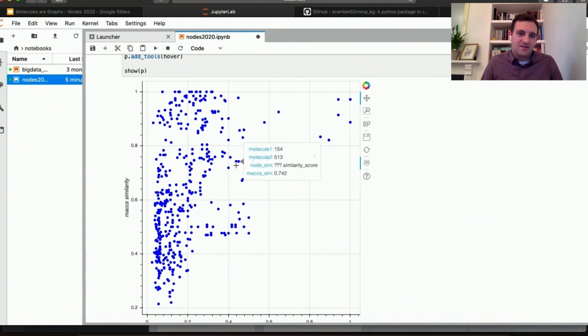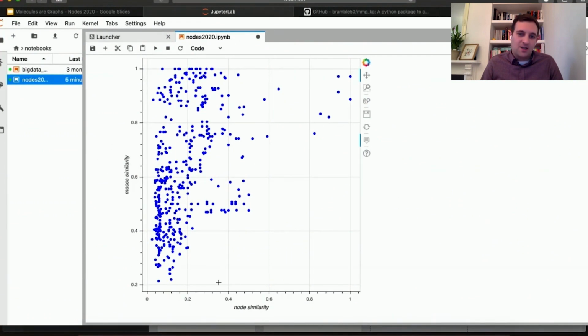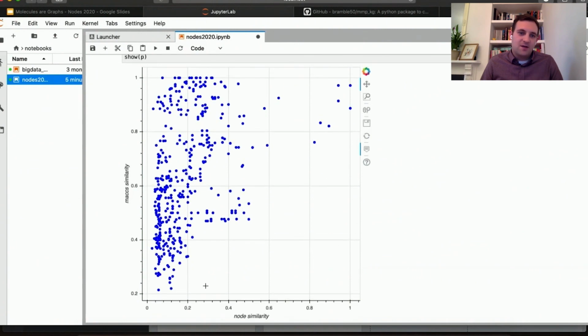I quite like bokeh plots because you can add these tooltips, which is quite nice. So here we have our max similarity algorithm and our GDS node similarity algorithm. As I mentioned earlier, max similarity has a lot more fingerprints in, and so we get a much better distribution of similarity.